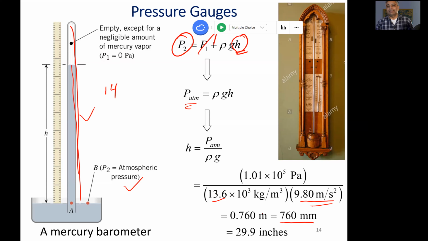If this was made up of water, for example, then it would be like 9 or 10 meters tall. Water can rise 10 meters, let's say, so you need a very tall tube. And 10 meters is going to be 2 floors, not just 1 floor.